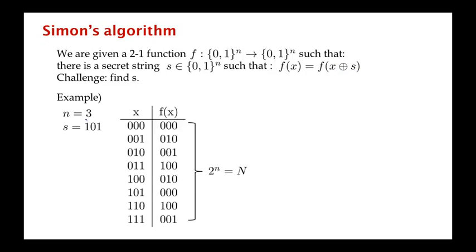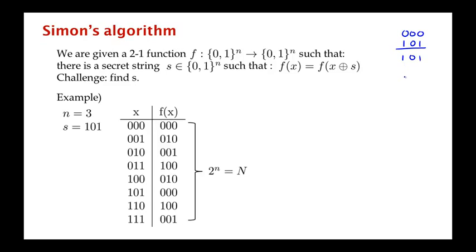So for example, if n is 3 and s is 101, then we must have the case that, for example, 000 plus 101, if we do a bitwise sum, that's 101, then f of this must be equal to f of that. Or let's do a more non-trivial example.